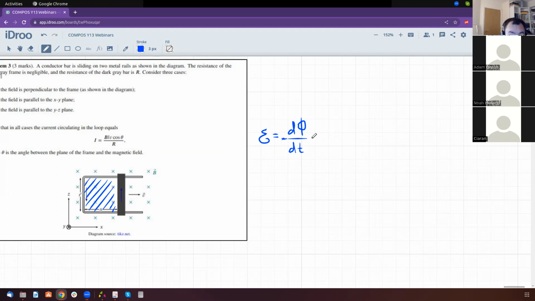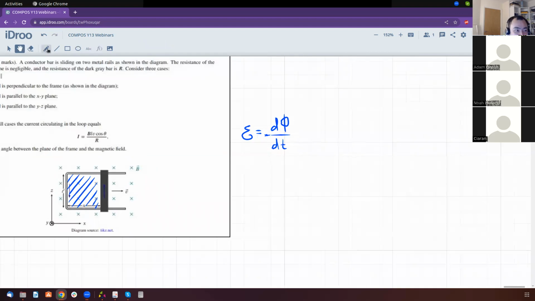I mean, it certainly does have a meaning, but it doesn't change your answer in any way. Right, so you need the flux, and the flux is B multiplied by the area multiplied by cosine theta. Well, in this case, it's perpendicular, so theta is 90 degrees.